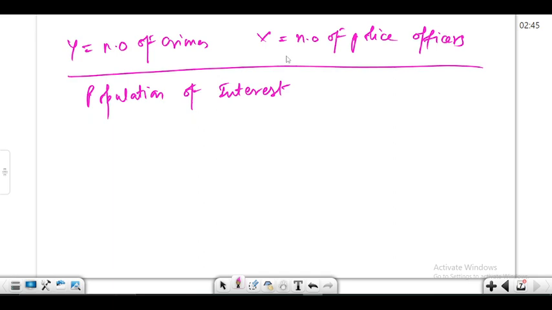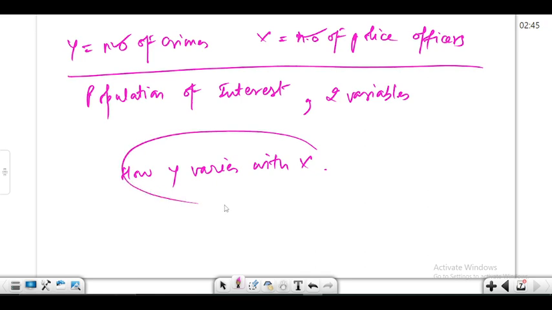And then we have two variables which I've already mentioned. We are interested in studying how y varies with x. This is the area of interest that I want to study.